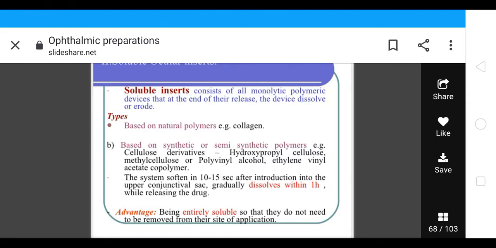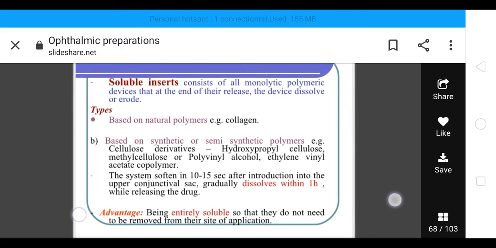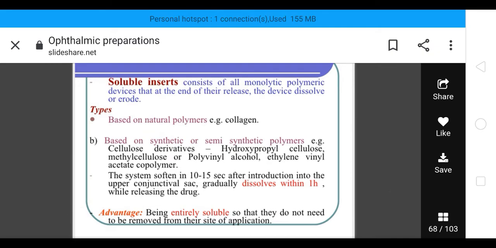Examples are when they are prepared of cellulose derivatives like HPC, methyl cellulose, PVA, EVA, ethylene vinyl acetate copolymers. The system softens in 10 to 15 seconds after introduction into the upper conjunctival sac and dissolves within 1 hour while releasing the drug.